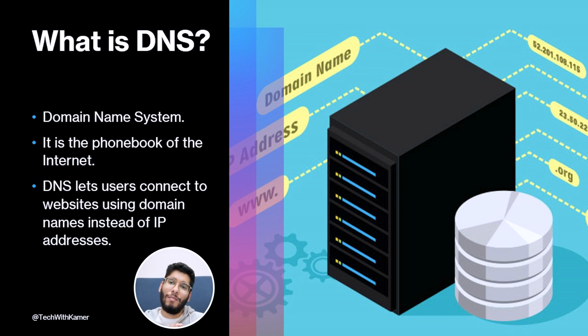The main idea is that DNS has all these entries on its server about the domain and IP, so we don't have to remember the IPv4 or IPv6 addresses. We have to remember just the domain name, facebook.com or google.com. So DNS allows us to connect to a website using the domain name instead of the IP address. And this is a really good understanding of DNS.